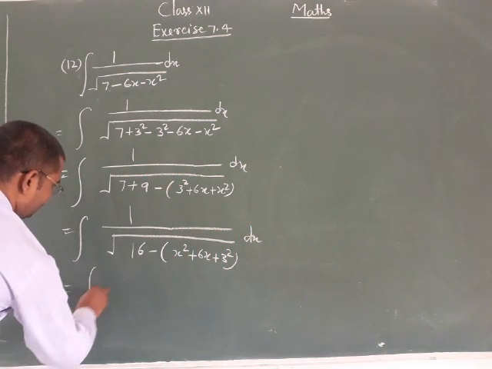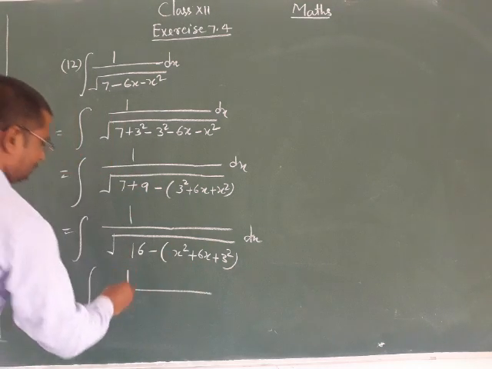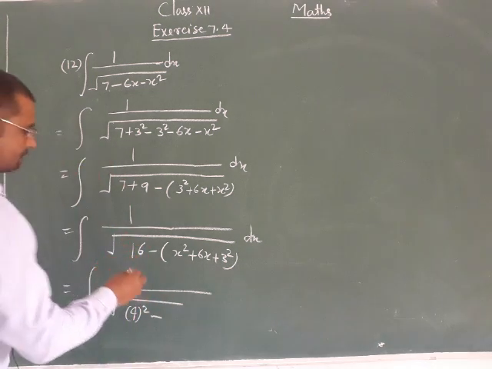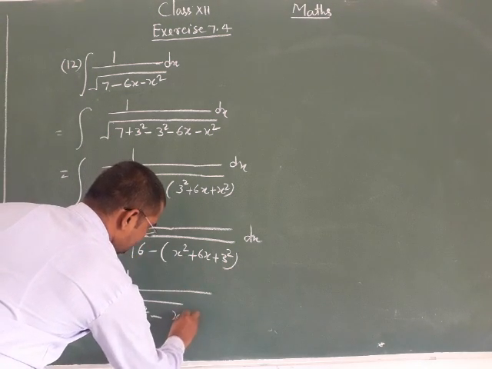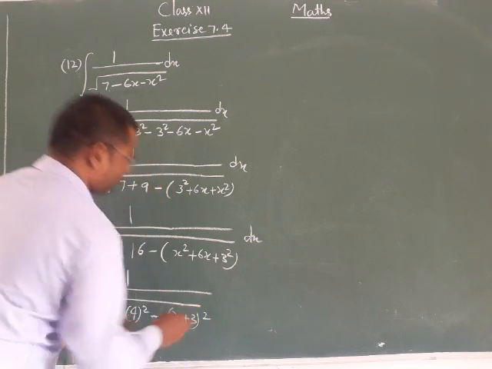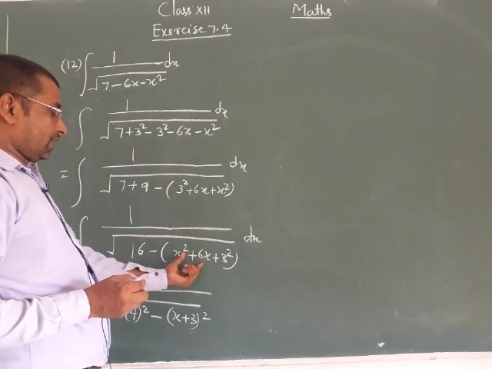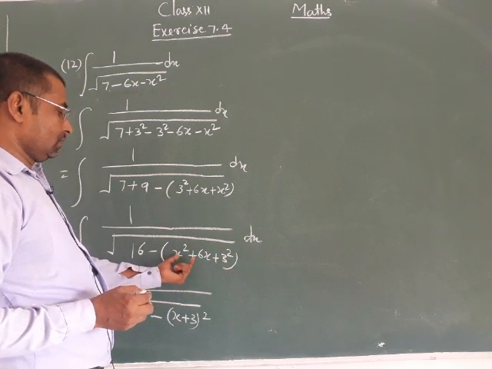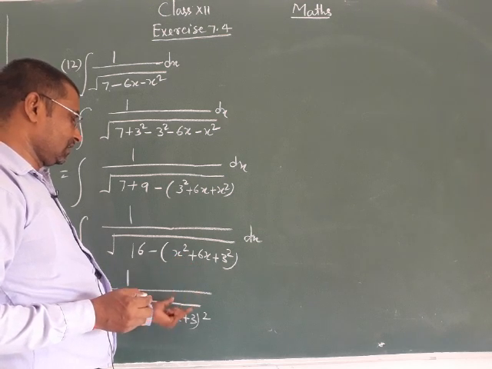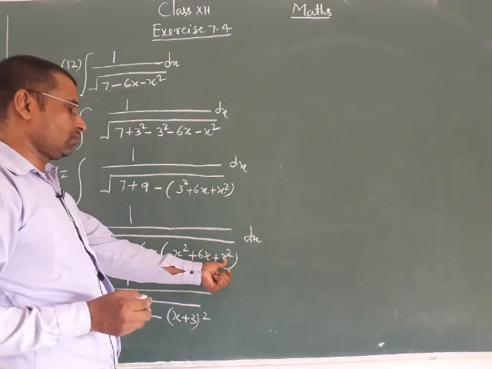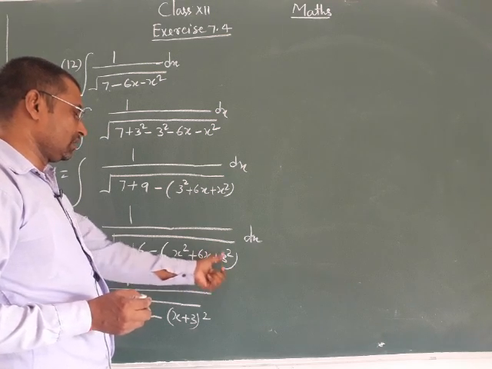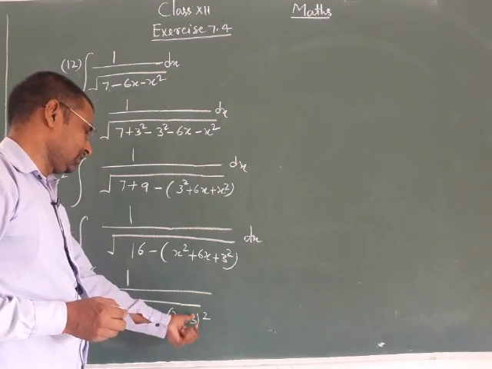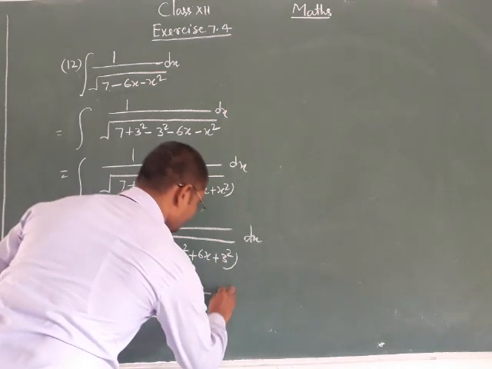Also, we can write integral of 1 upon 4 square minus x plus 3 square. So by the factorization method, a square plus b square plus 2ab, so a plus b whole square, x plus 3 whole square dx.